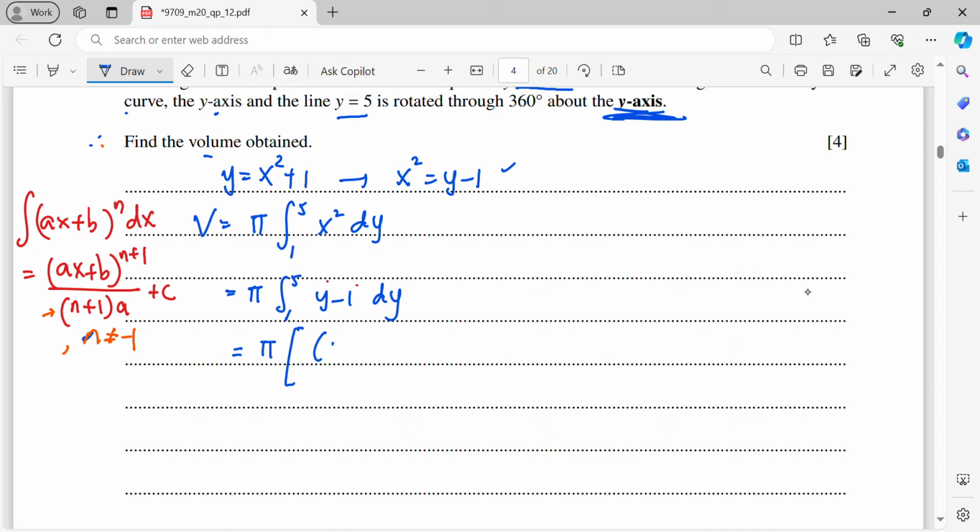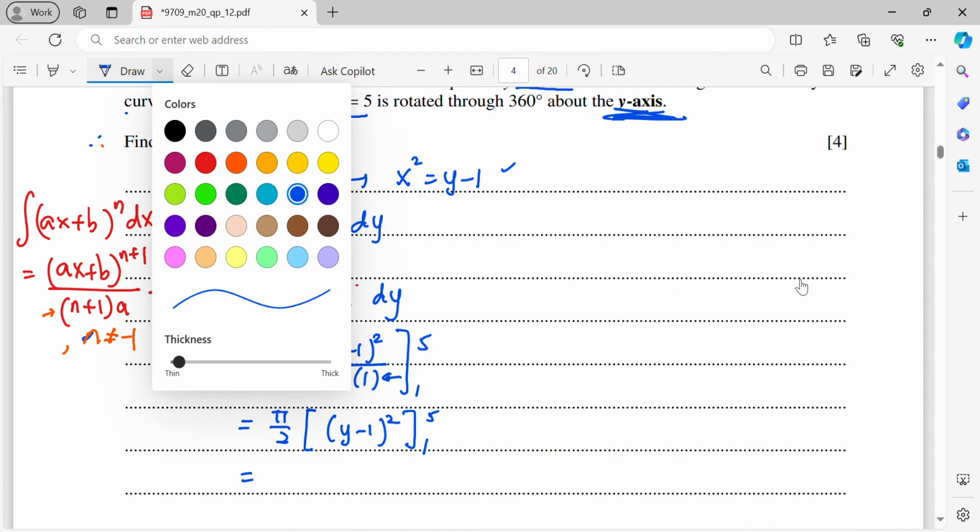So here I will get (y minus 1) squared over 2. Then the derivative of y minus 1 is basically 1, because it's 1y. Limits from 1 to 5. Then from here, I can factorize the denominator, because the denominator now is 2 times 1, which is 2. Once I factorize and combine with the pi, I'm getting pi over 2 times (y minus 1) squared from 1 to 5.